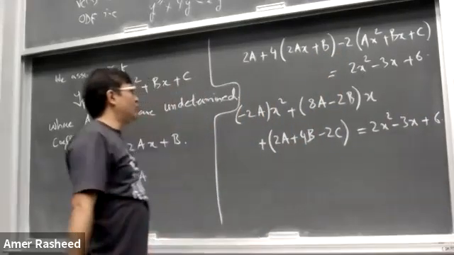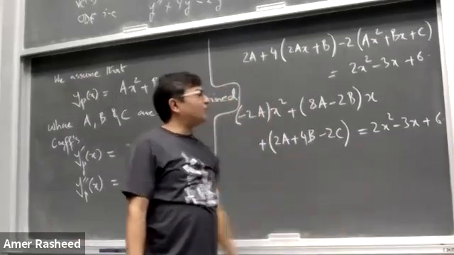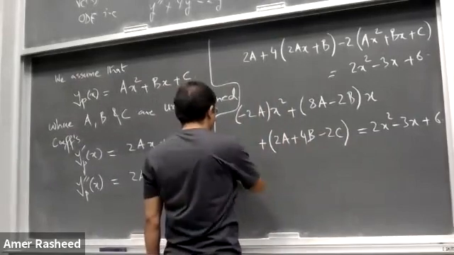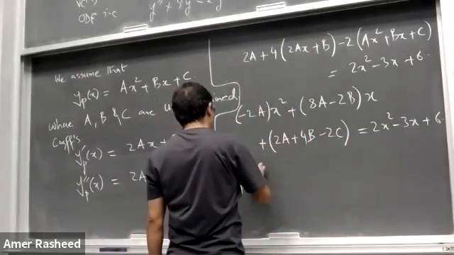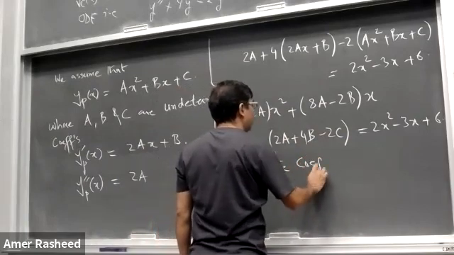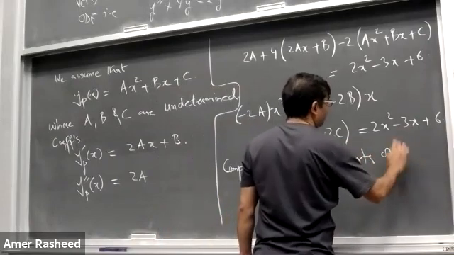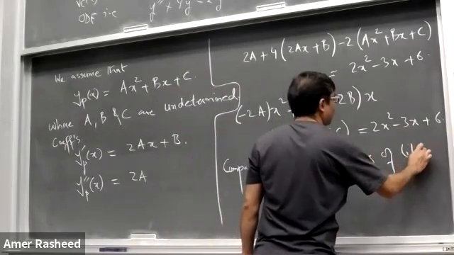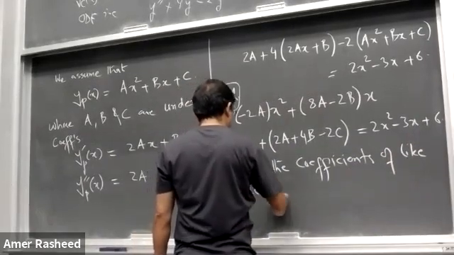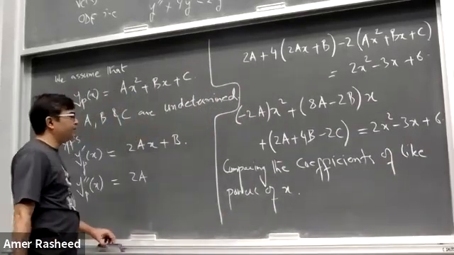Now we can compare both sides. We compare the coefficient of x squared, the coefficient of x, and the constant on both sides, comparing the coefficients of powers of x. What do we obtain here?